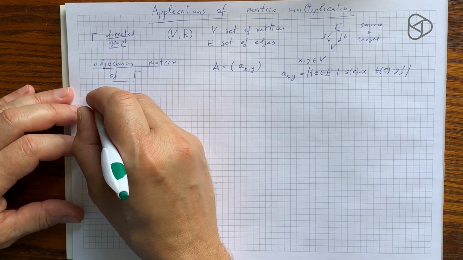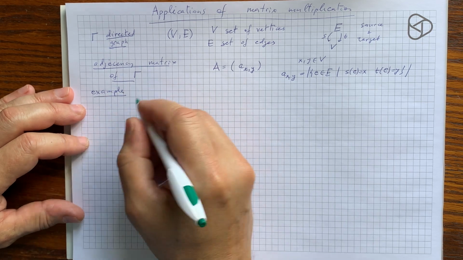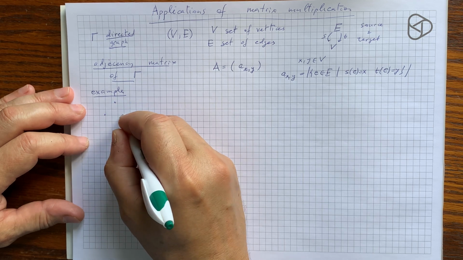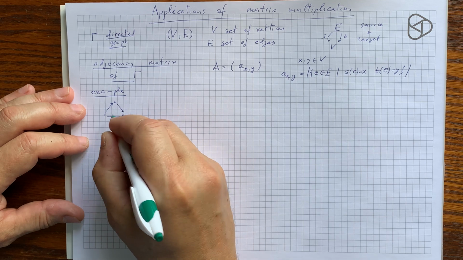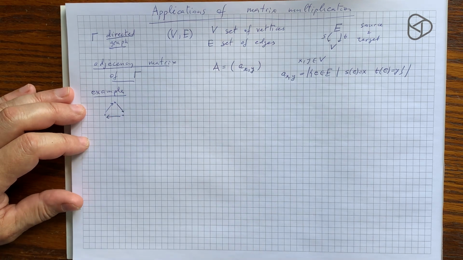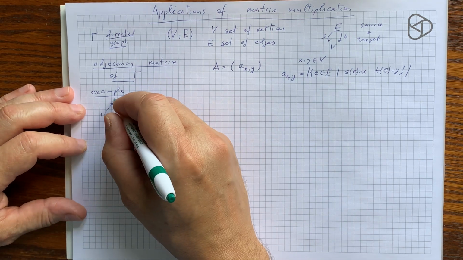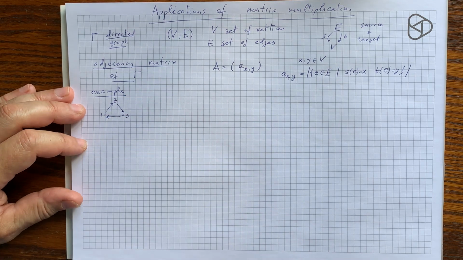A quick example. Let's take 3 vertices and 3 edges and arrange them like that. To make a 3 by 3 matrix, we have to label our vertices, call one first, some other second, and the remaining third.